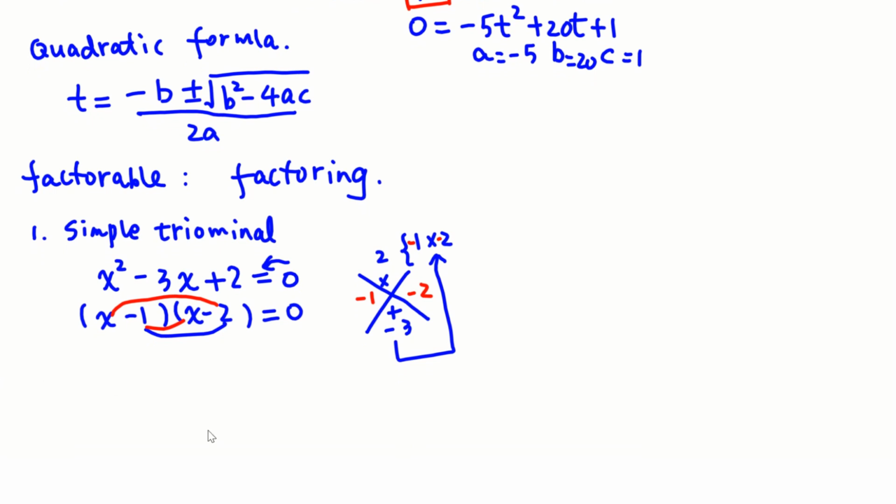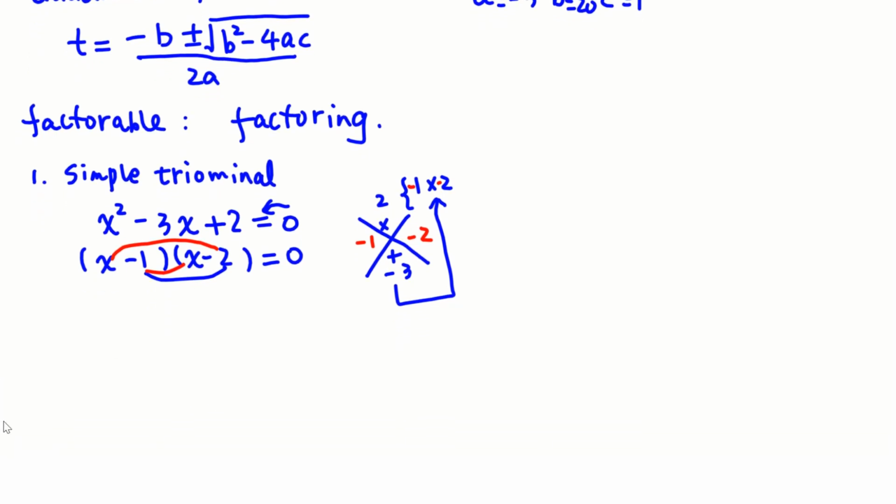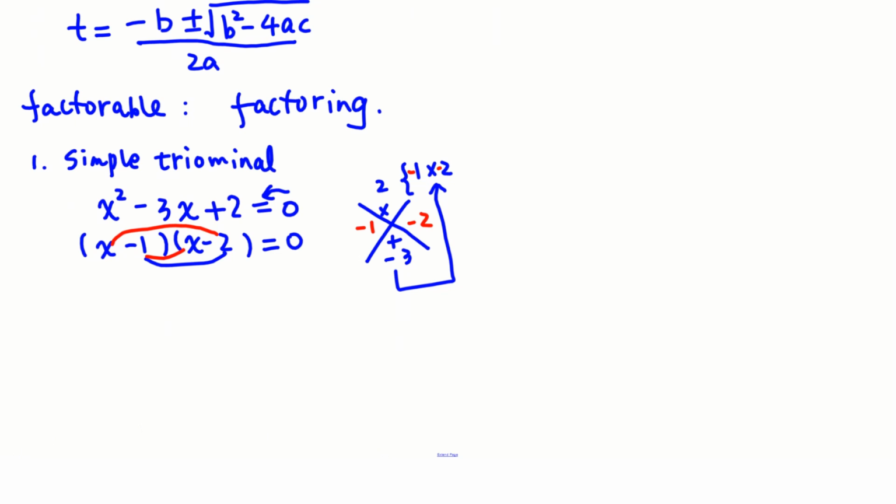Then in order to solve for the zeros, what we are going to do is let each bracket equal 0. The reason for it is that if x minus 1 equals 0, 0 times anything gives you 0. If x minus 2 equals 0, 0 times anything gives you 0.